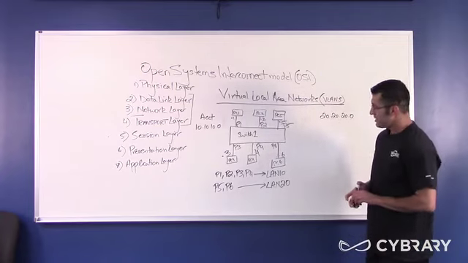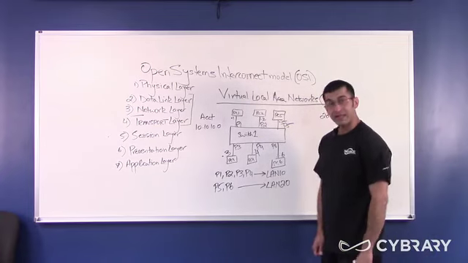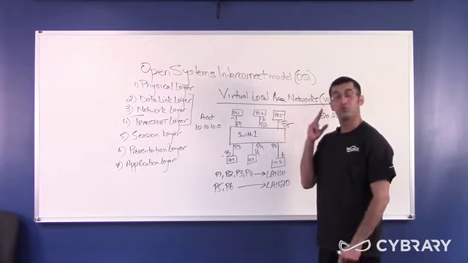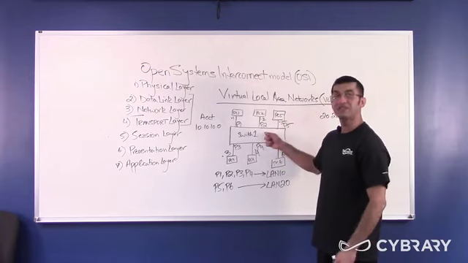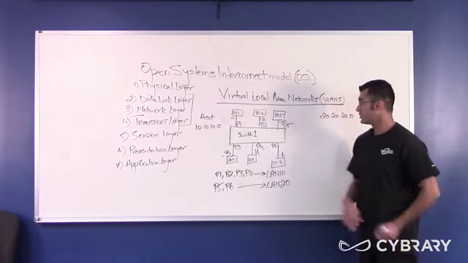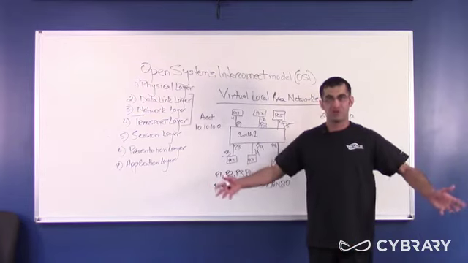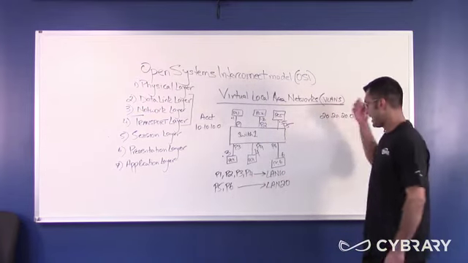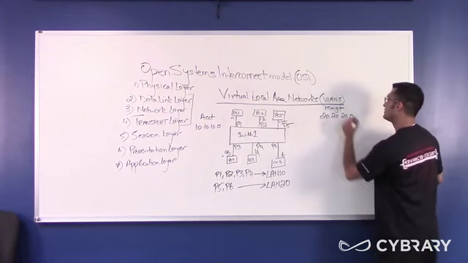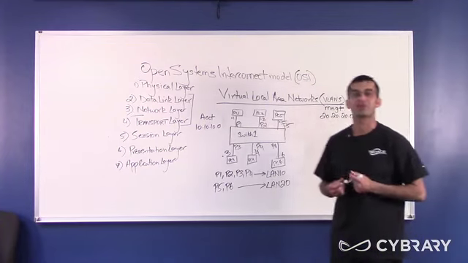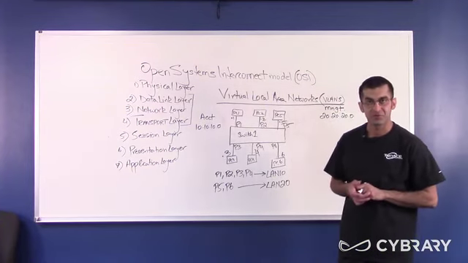Now what I have done is I've actually created 2 virtual switches inside of the same physical device. So instead of there being a physical separation of the accounting and the management department, there is a logical separation inside of the switch.